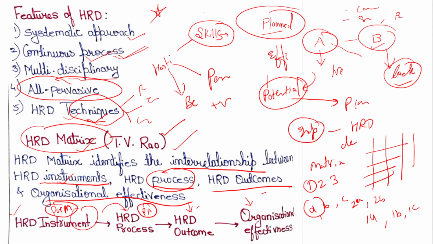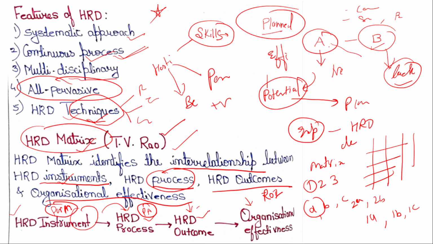If the person is highly efficient, if the person is able to achieve the standard, then the effectiveness is right, the rate of returns is correct, you will get a good return on investment, more profit, motivated employees, and so on. So what does the HRD matrix say? It says that HRD instrument, HRD process, HRD outcome, and organizational effectiveness have an interrelationship. Any instrument which you are using for developing the human resources will lead to a certain process.